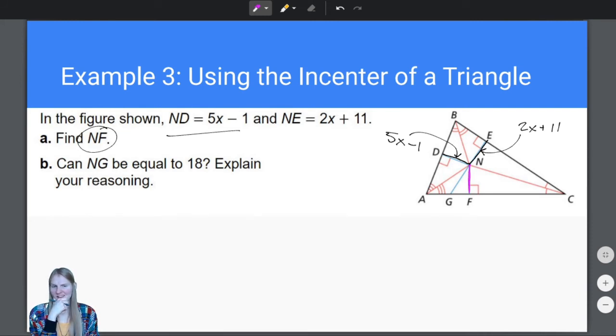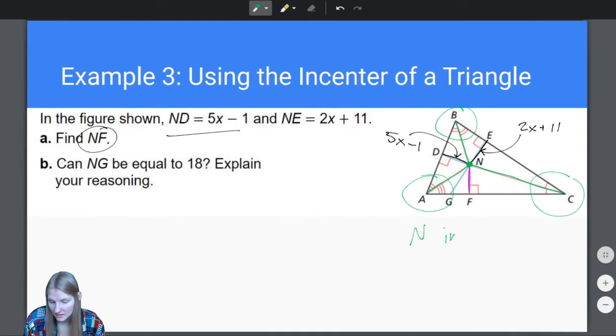Well, doesn't look like there's a lot to go off of here, but I'm going to get a different color. Notice I have the bisectors of every corner. These red lines, BN, AN, and CN, these are the angle bisectors, which means that N is the incenter.